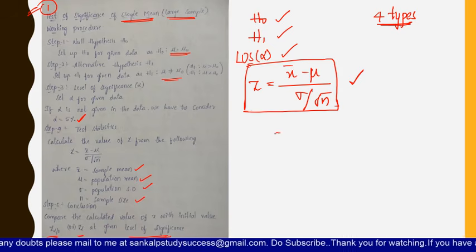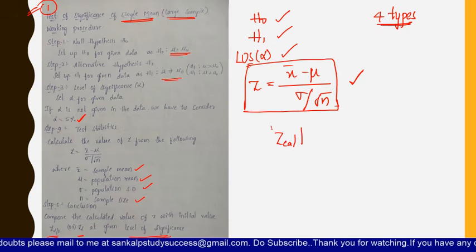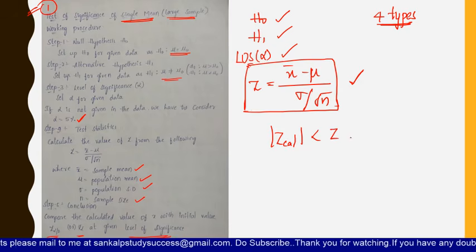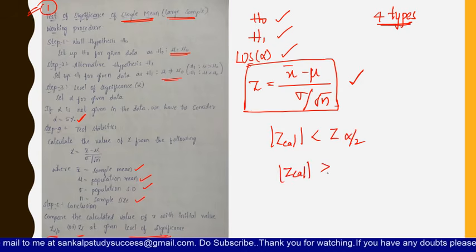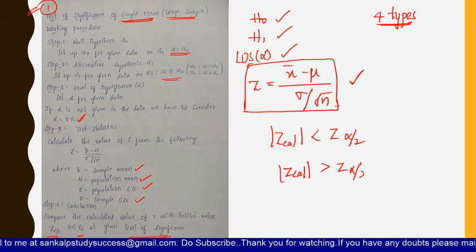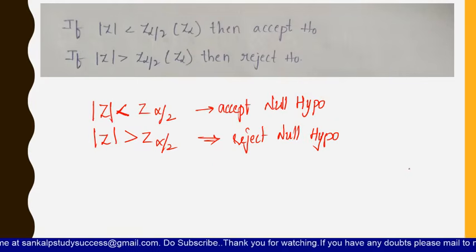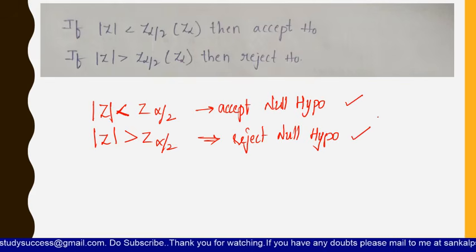Then compare the calculated value with z alpha by 2. If the calculated value is less than z alpha by 2, then you will accept. If it is greater than, then you will reject. So this is the procedure to solve the problems.